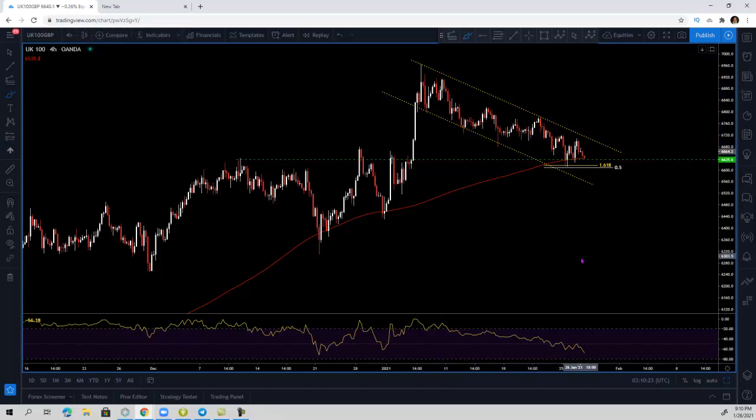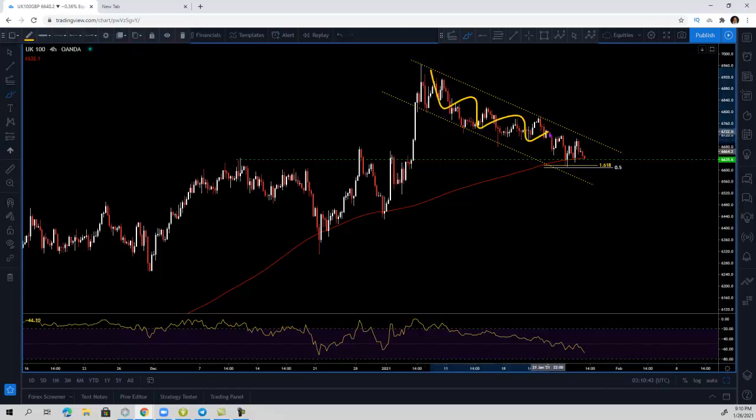I'm sorry, let me rephrase that, because I was saying the contrary. We have the 50% retracement. This is the Fibonacci cluster that I always look for. The 50% retracement is the level that buyers are going to focus on to jump in long.